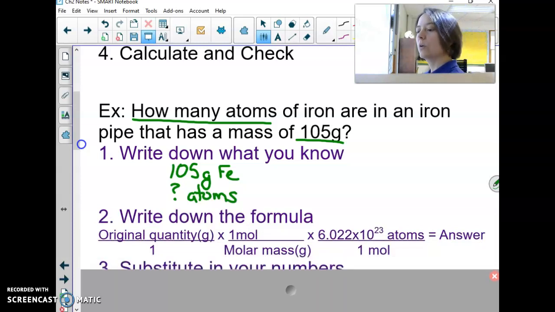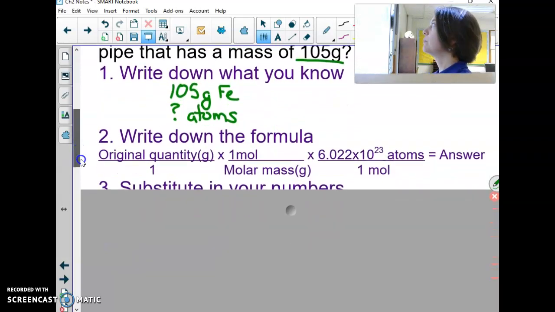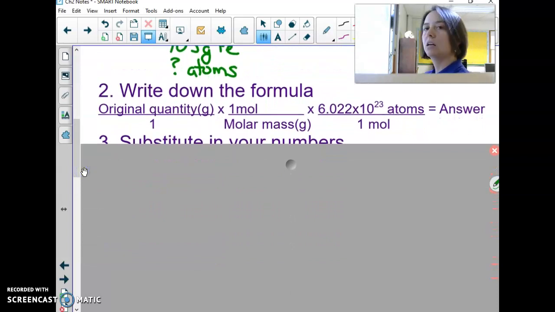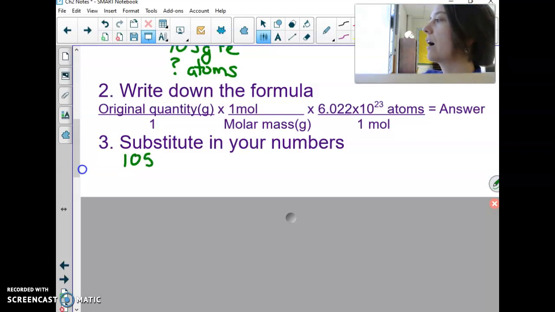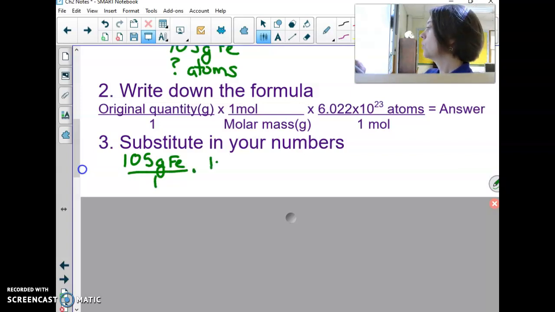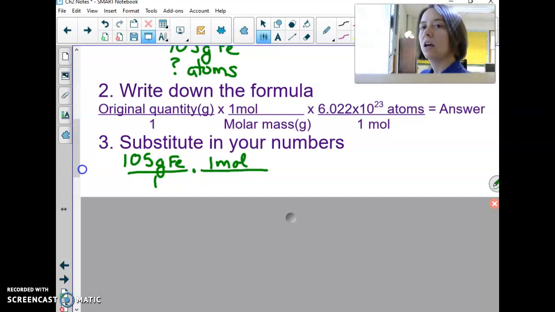Next thing we're going to do is write down our equation. If you want to write down the formula, that's up to you, but you do need to set up the problem with me. So we're going to have our original quantity over 1, and our original quantity is 105 grams iron over 1 times 1 mole over our molar mass. And to find our molar mass, if you recall, we need to go to our periodic table.